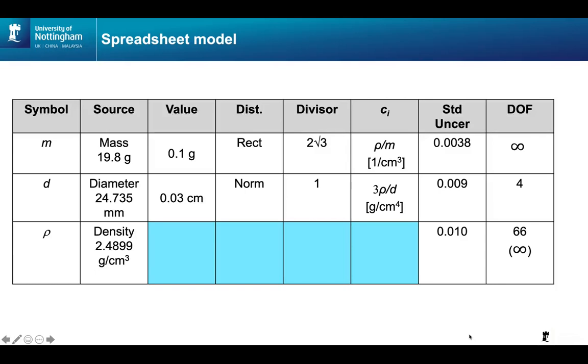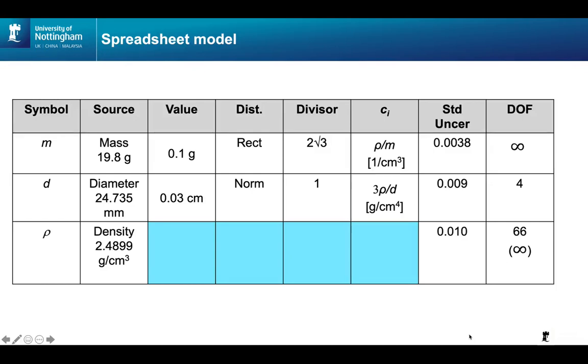So I can model it with an infinite number of degrees of freedom. Then for the diameter measurement, I took 5 measurements, n minus 1 gives 4 degrees of freedom. If I plug those two values into the Welch-Satterthwaite equation, it gives me 66 degrees of freedom.